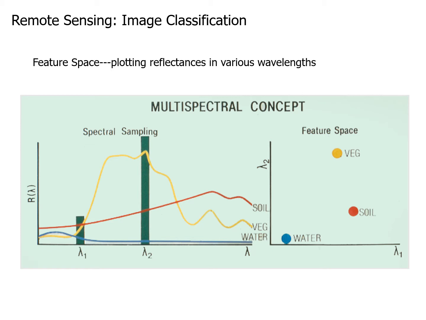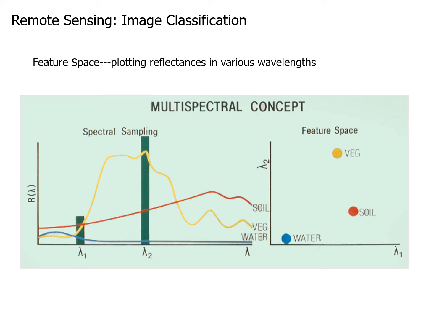And that's what the sensor is going to do, right? It's going to come up with a number that tells us how bright or how reflective a particular pixel is for a given wavelength, wavelengths 1 and 2. So that's the sort of spectral space. On the right is the feature space. And in the feature space, we're once again plotting one band against the other.